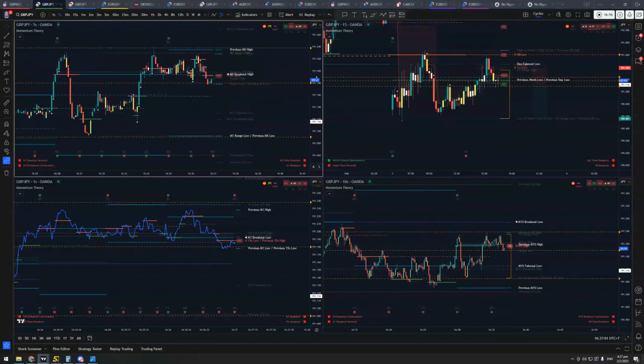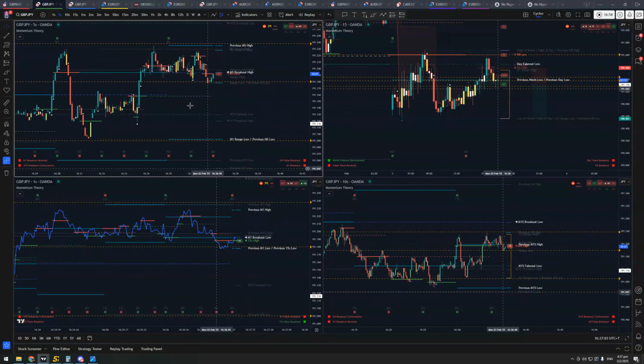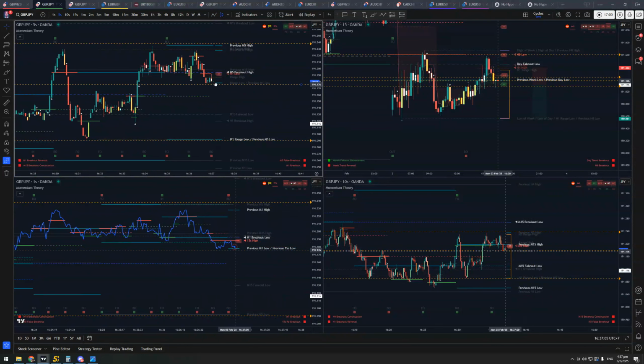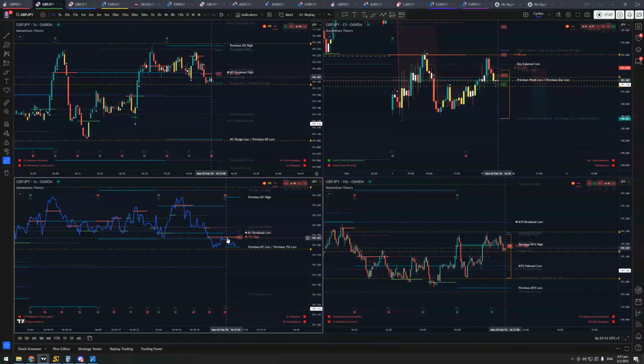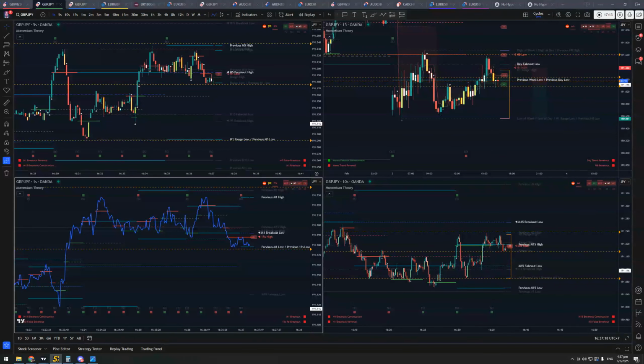And no continuation here. Did not continue down. So M1 and M15 have aligned bearish. So I'll get in underneath this 15-second low.